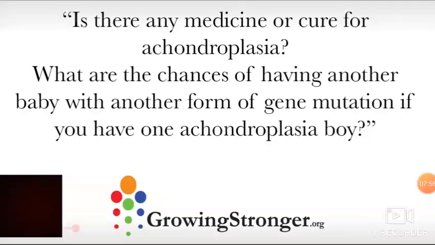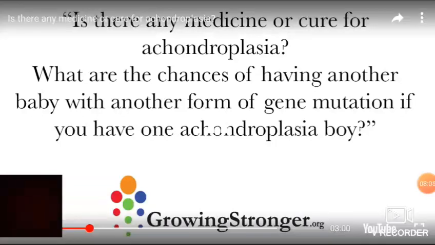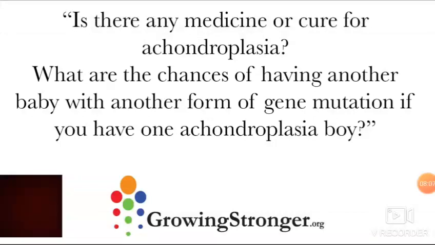There is no cure for really any genetic condition, but there are many different ways in which we can manage and treat those patients. And certainly there are well-established treatment protocols, screening protocols, management protocols for kids with achondroplasia. And again, I would hope that there are specialists who are helping to take care of this child.